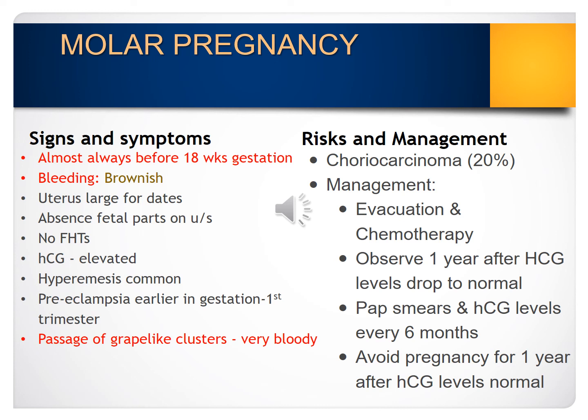There again, no fetal heart tones. If a woman is passing these grape-like clusters, and they're very bloody, a woman would most likely need a D&C to remove this molar pregnancy.